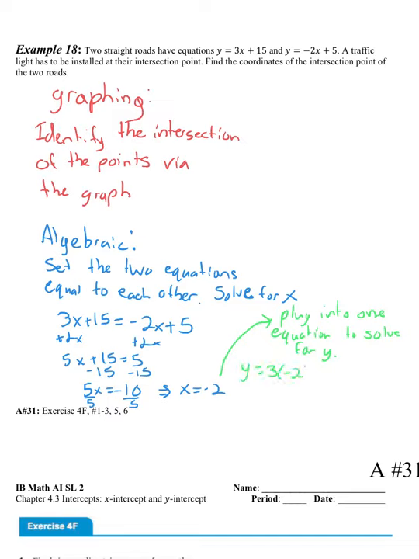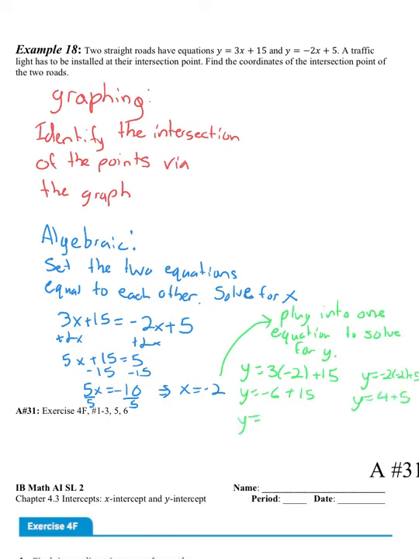So I could do 3 times negative 2 plus 15 in this one. And on the other one, I could do negative 2 times negative 2 plus 5. And I should get the same number either way to prove that I did this correctly.